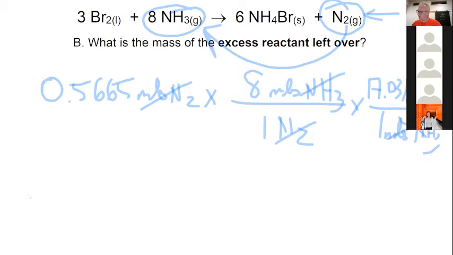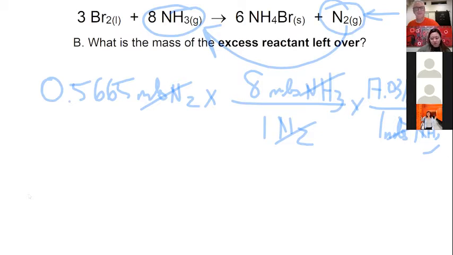I think it's the mass of the... You put the mass of the smaller one instead of the ammonia one, right? Shouldn't it be 0.77046 instead of 0.5665? No, because that was the excess one, correct? Because ammonia is the excess. No, bromine, that's the limiting one. Oh wait, ammonia is the limiting?